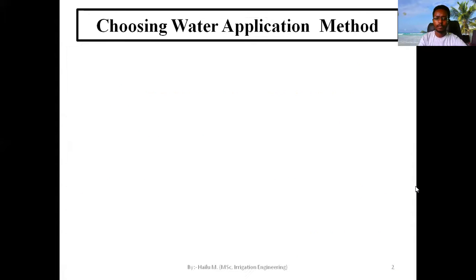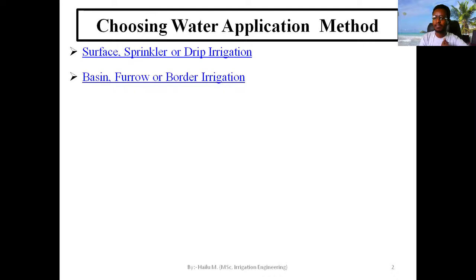When we say water application techniques or methods, we are going to choose the best water application technique based on our local conditions. To base this best option, we have to consider some factors.